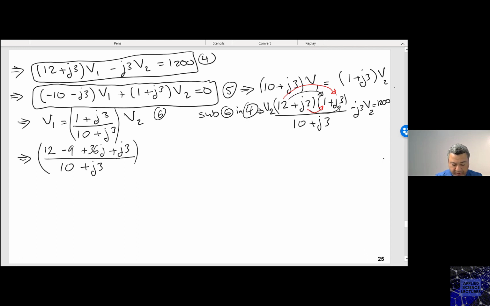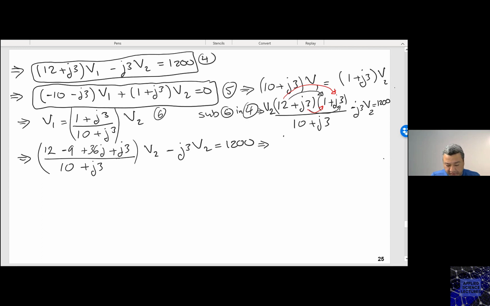And all of them are times V2, minus J3 V2 equals 1200. So 12 minus 9 is a 3.